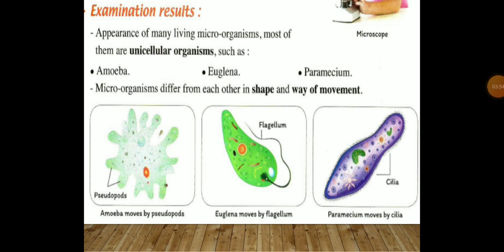But from the examination results, appearance of many living organisms, most of them are microorganisms such as amoeba, Euglena, and Paramecium. Microorganisms differ from each other in shape and the way of movement, as you see in these pictures.